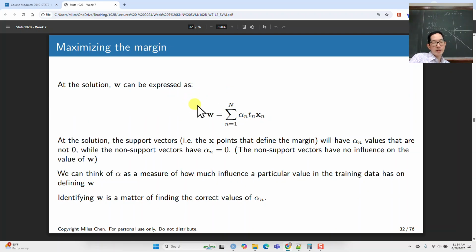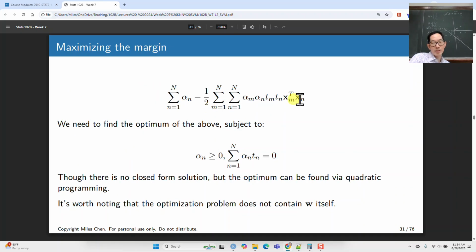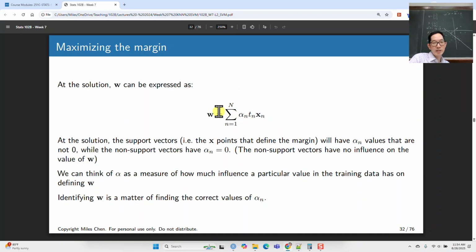And then when you identify those x's that do matter, those are going to be the x's that define that boundary w, the vector that defines the boundary. So the support vectors will have values of alpha that are not 0, while everything else will have alphas equal to 0. And whether x is on one side or the other side will determine the sign of it being positive or negative, and that's going to ultimately determine where our boundary is drawn, our w, okay?